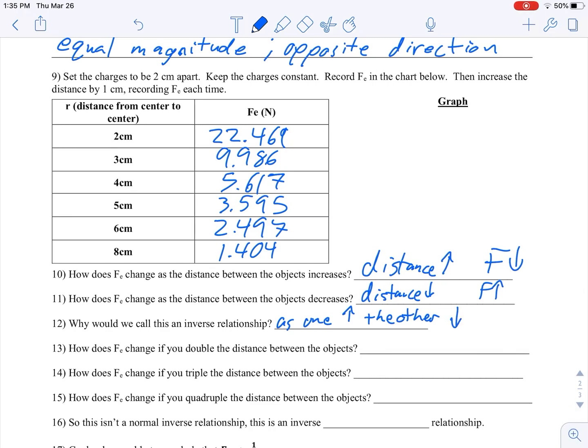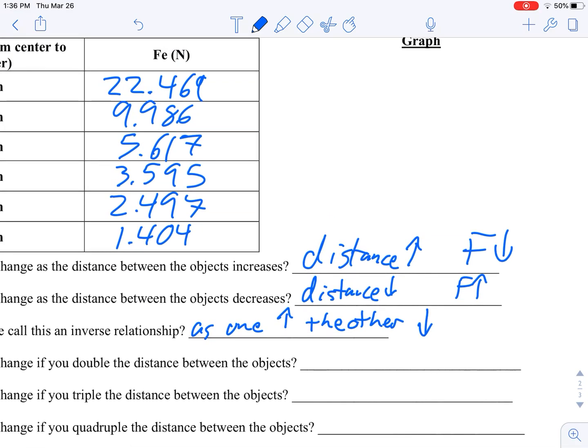So let's see. How does the electrostatic force change if you double the distance between objects? So let's look at an example. Why don't we take 2 and 4? That would be an example of doubling, right? Going from 2 to 4. How did the force change? So what I would do is, we're going to look at the ratio, right? Did it double the force? Did it get cut in half? To figure that out, we can just put 5.617 divided by 22.469.